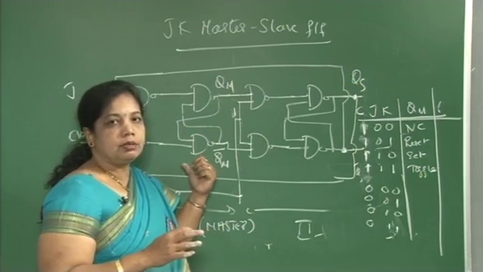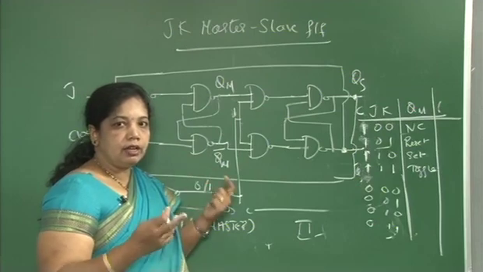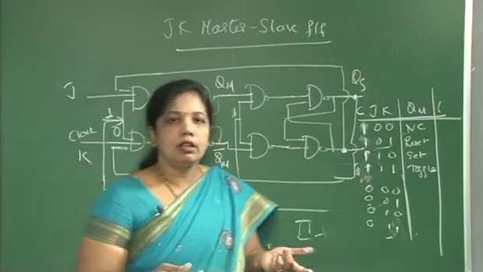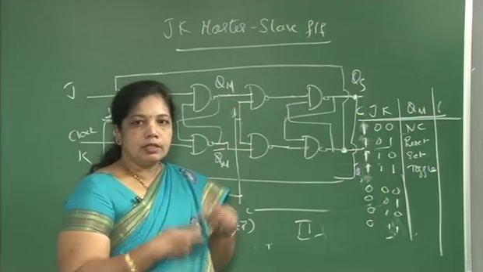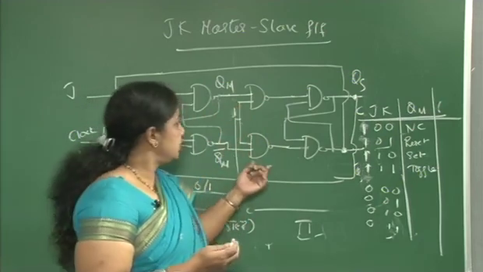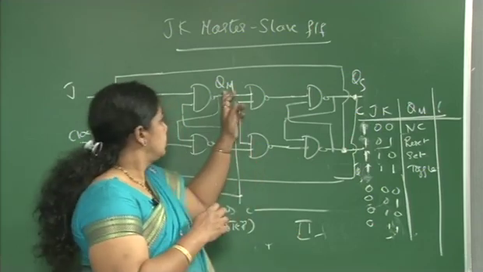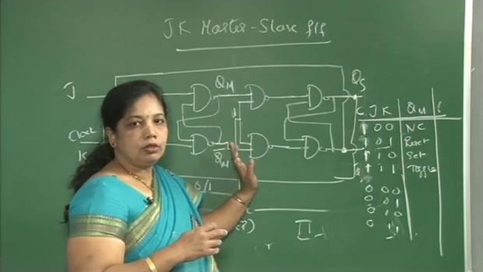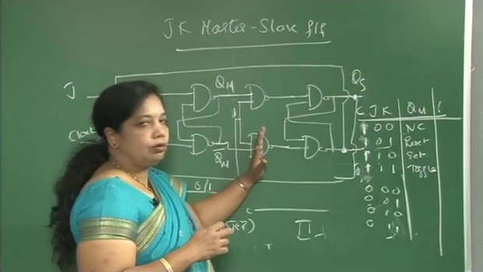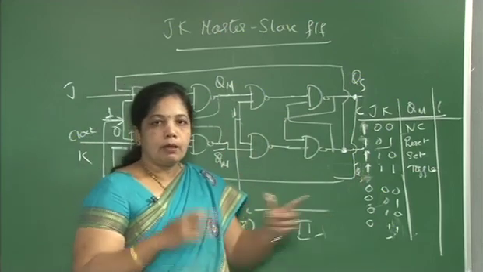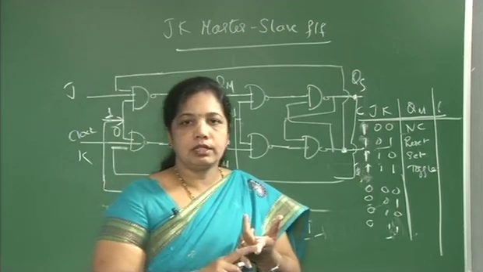So that's why we call it a master slave flip flop. The master is active during the positive edge of the clock, due to which the output changes. In turn, the slave is active in the negative edge, where it follows the previously stored output of the master. So now the slave is active, which transfers the data. Positive edge, master is active, slave is inactive.